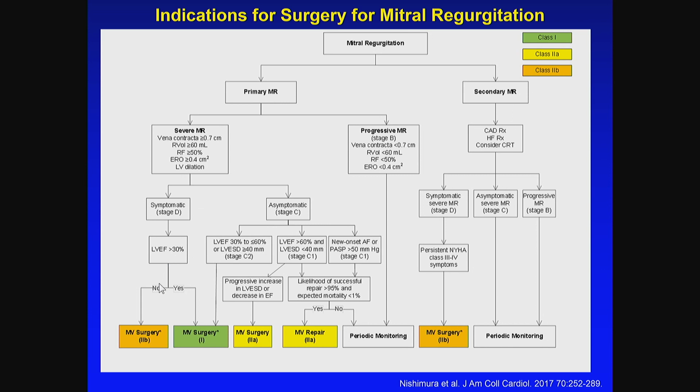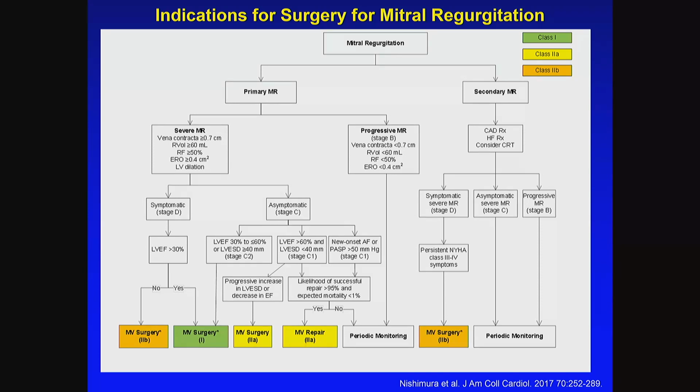If it's not more than 30%, surgery is much riskier and so does not have a high level of recommendation. In asymptomatic patients, if there's evidence of ventricular compromise with a reduction in EF below 60% or an enlargement of the ventricle, that is stage C2 valvular disease, then surgery also has a class 1 recommendation.